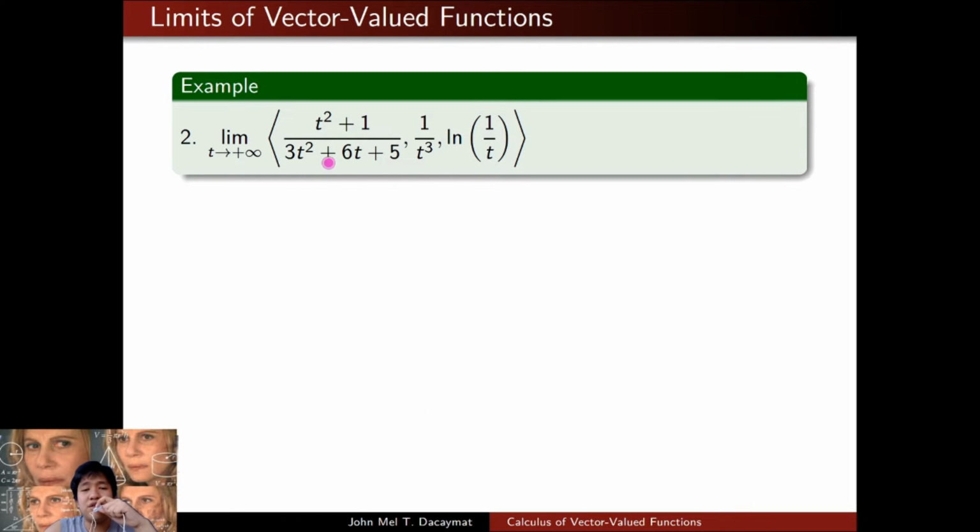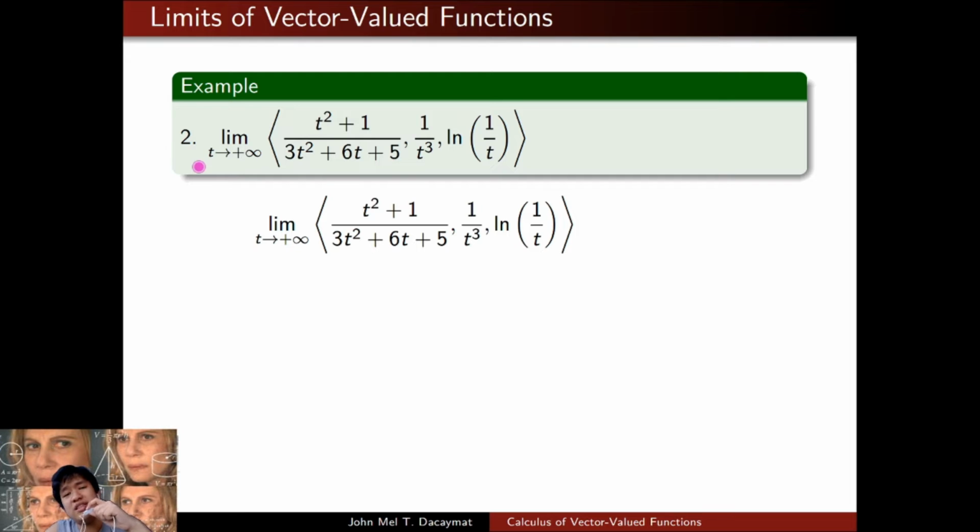Let's try the same vector valued function, but this time let's make t approach infinity. Same as before, but let's go a bit faster. I don't need to distribute the limit; we go straight to the next line and take the limit of each component right away. For the first component, as t goes to infinity, you could do your old school way of multiplying by 1 over t squared over 1 over t squared, or you could just look at the coefficients of the highest degree.